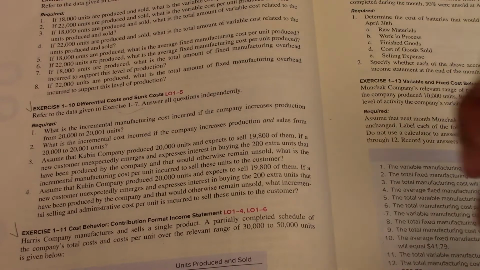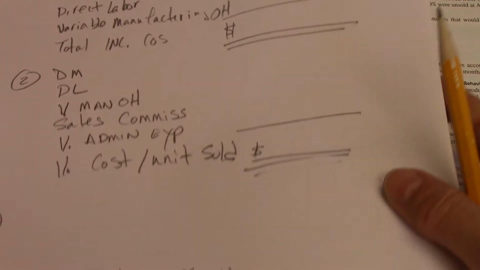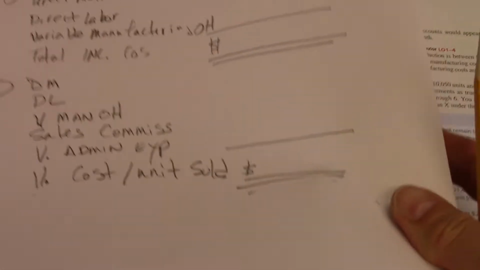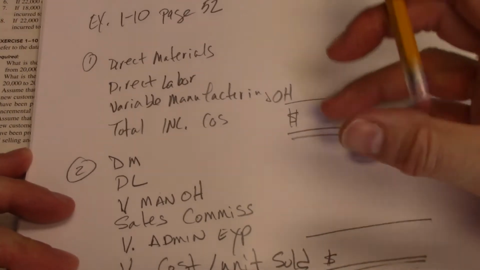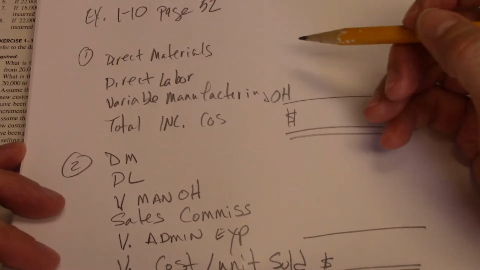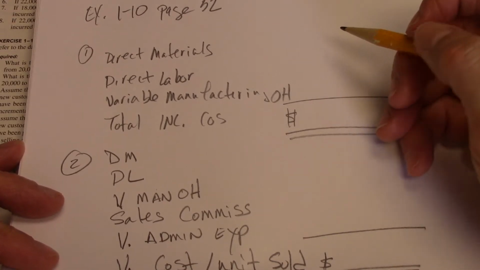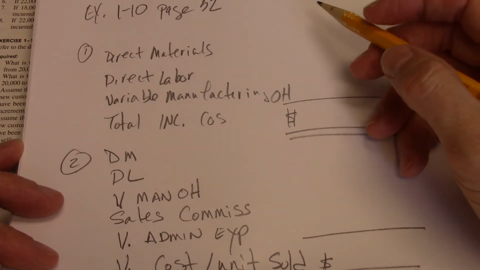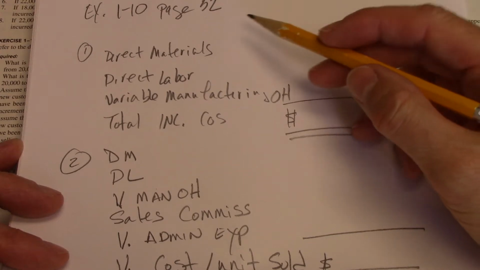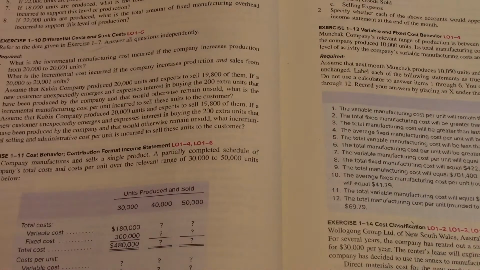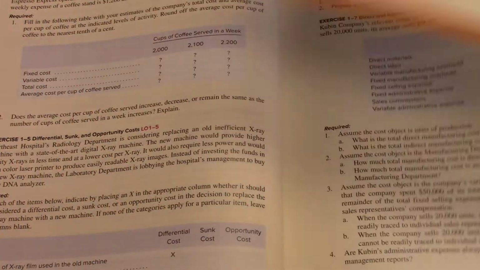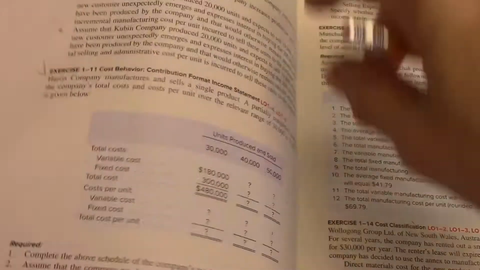So I made myself a little sheet here to make it easier to do. Now on yours you'll fill in the blanks, right, out there on the McGraw-Hill Connect. So I need to know what's my direct materials. So that's $7.